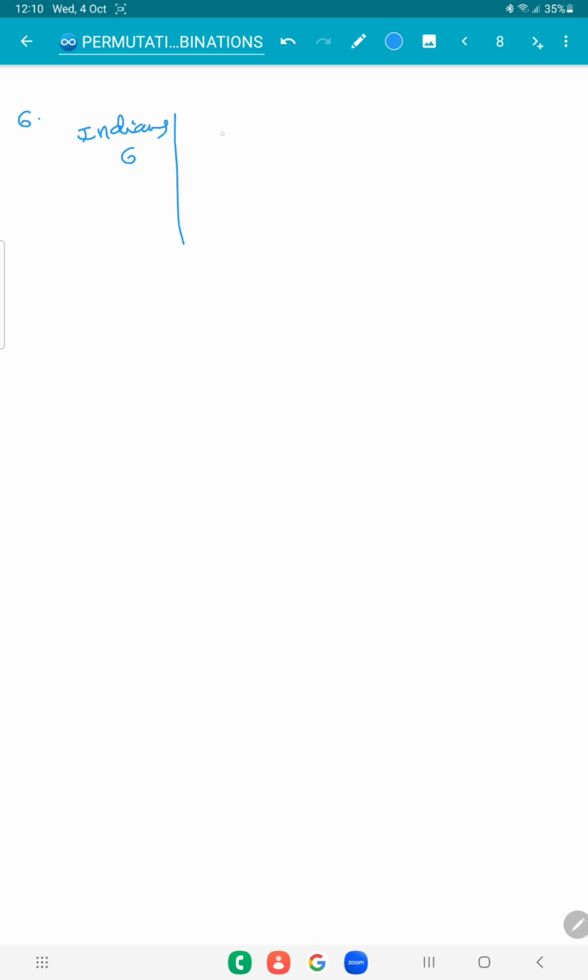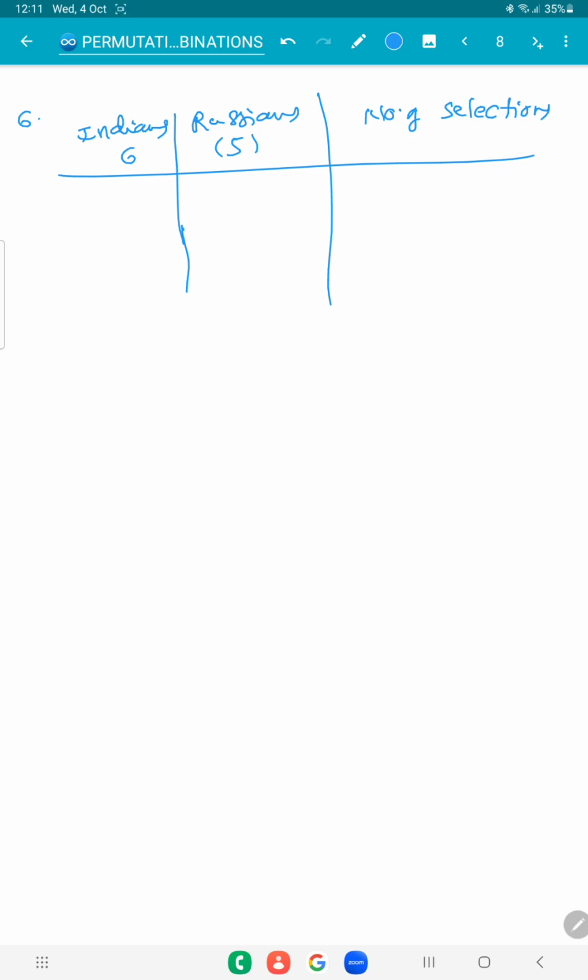Indians 6, Russians 5, number of selections. See this one. From 6 Indians and 5 Russians, 5 members are selected such that the majority are Indians.